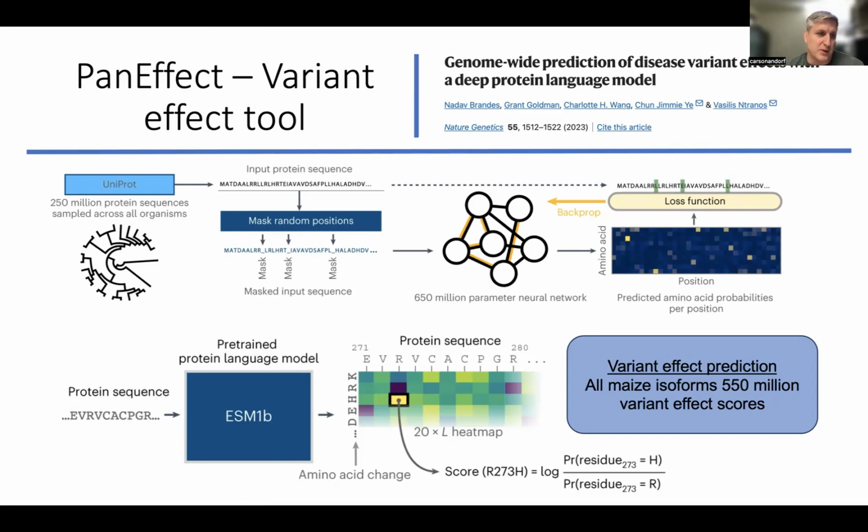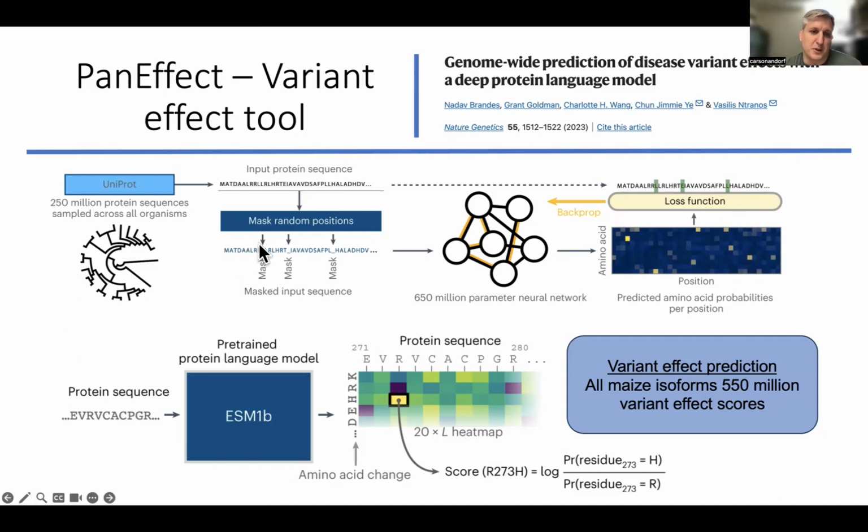For this ESM model, they looked at 250 million protein sequences sampled from all organisms in UniProt as their training set. Their classification task was basically to mask random amino acids. This is similar to large language models where you mask random words and try to recover those words based on the context of the rest of the words around it.